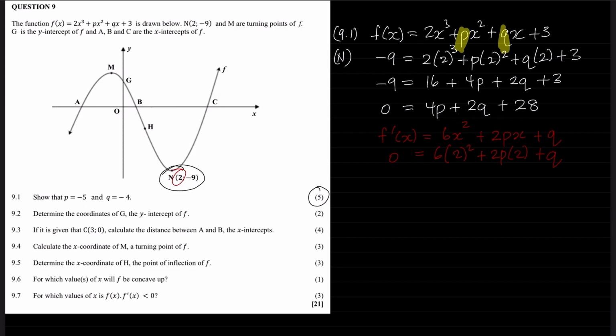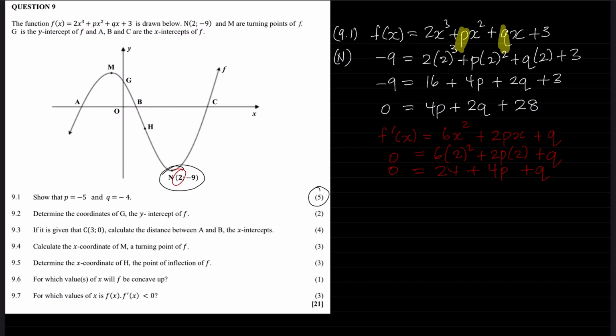And I can do this because remember that if you take the derivative and equate it to 0, you get the x coordinate of the turning points. Let's simplify. So 0 is equal to 24 plus 4p plus q.